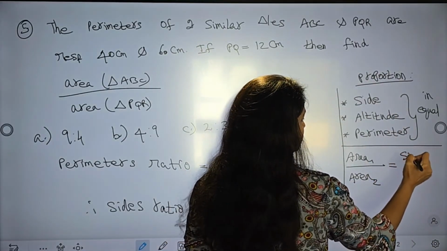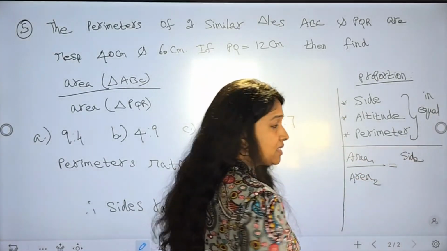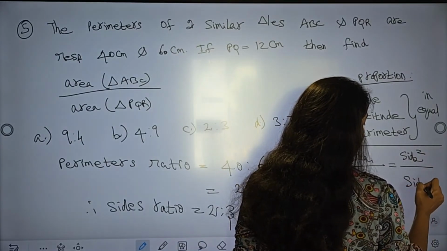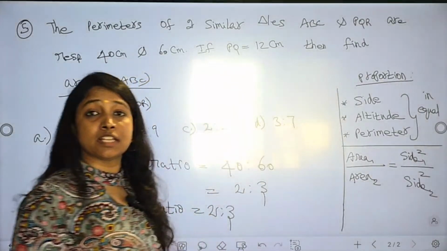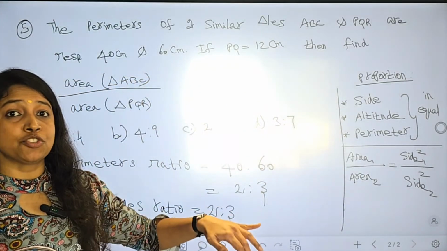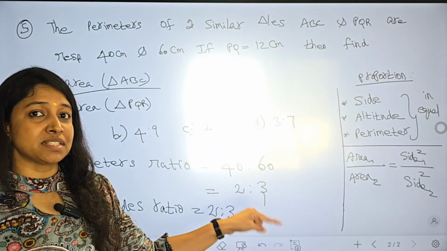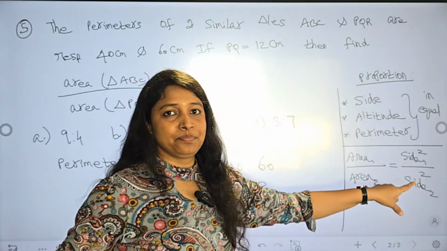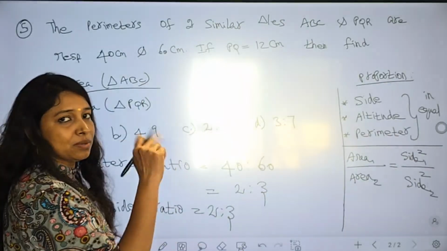The ratio of their areas is equal to the square of their corresponding sides. Not just simply the ratio of their sides, but square of the ratio of their sides. It is very important, not the simple side by side. It is side square by side square. So you need to square it, that's it.